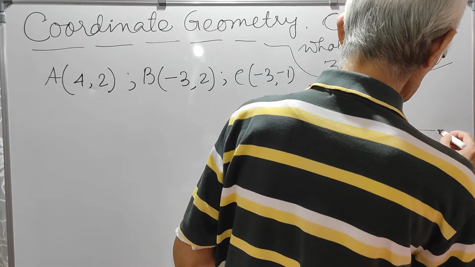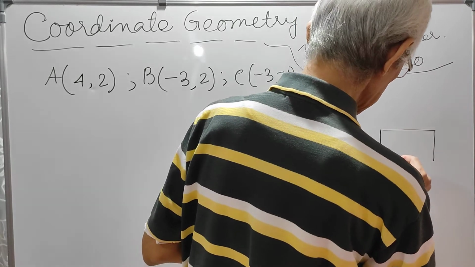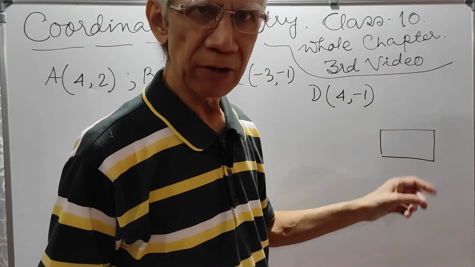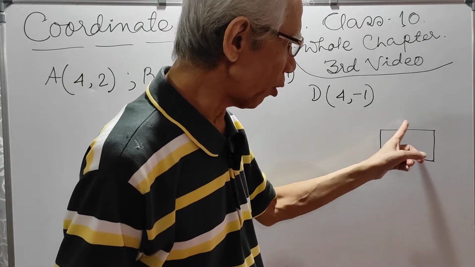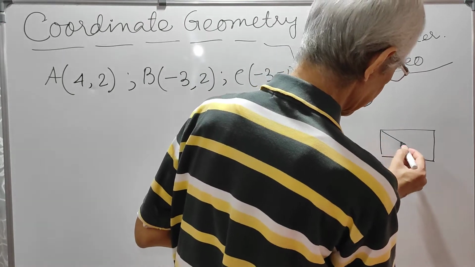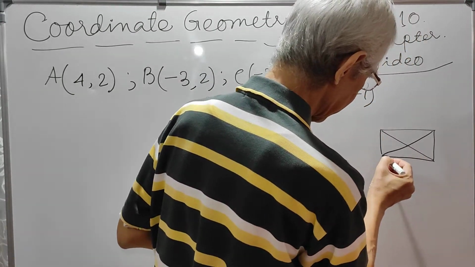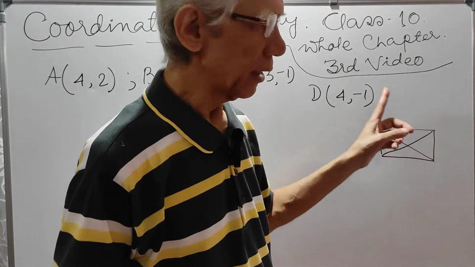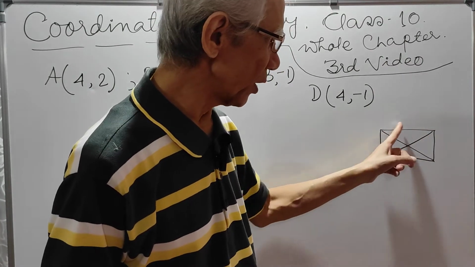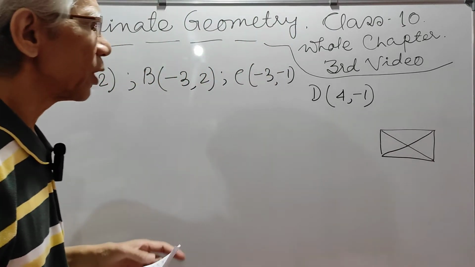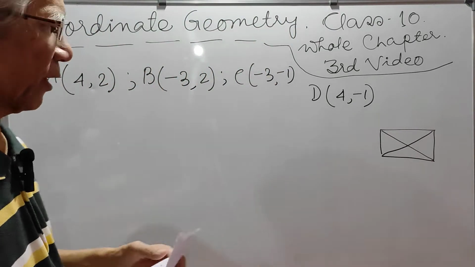In order to show that a quadrilateral is a rectangle, you have to show that opposite sides are equal and diagonals are equal. Now let us find all 6 lengths: 4 sides and 2 diagonals.